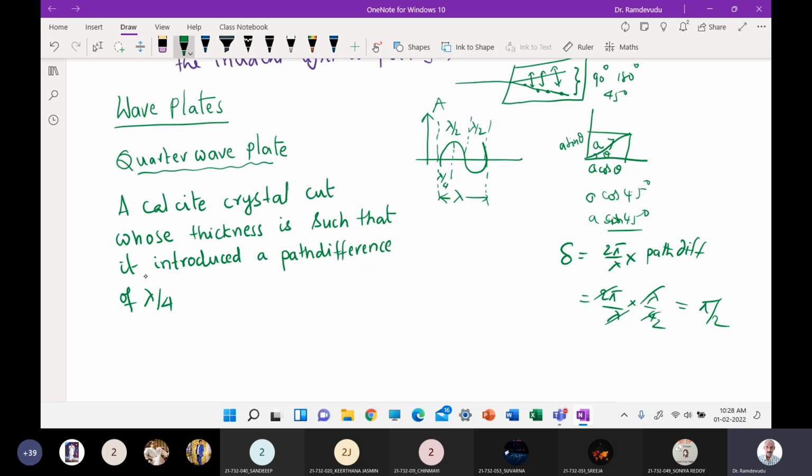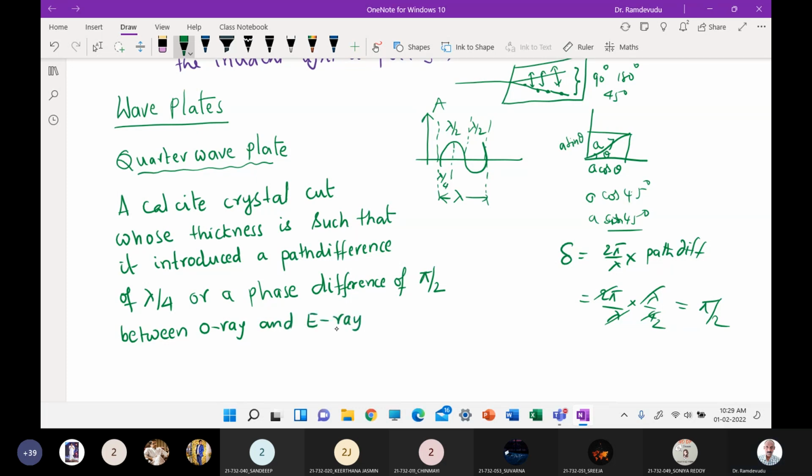Therefore, it introduces a path difference of lambda by 4, or a phase difference of pi by 2, between the O ray and E ray within the crystal.